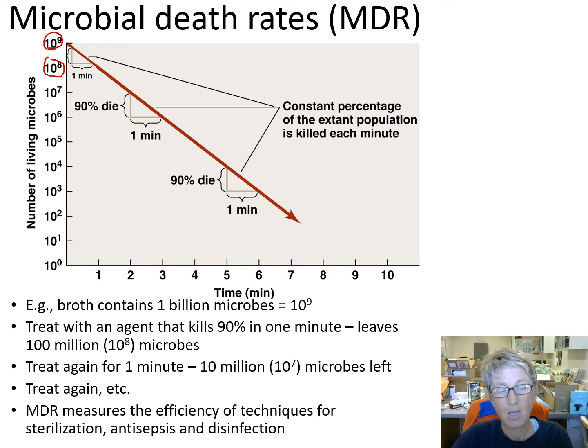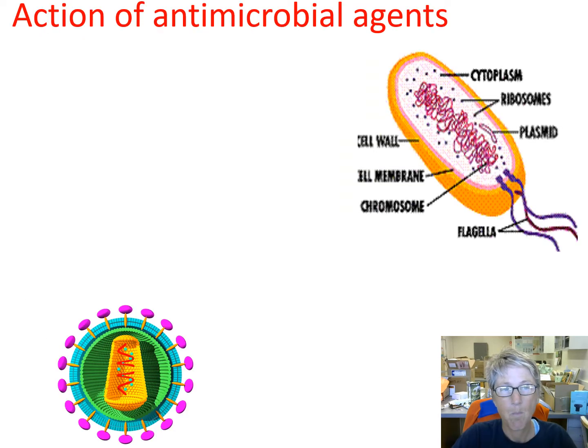And then you treat again for 1 minute. You'll go from 10 to the 8th to 10 to the 7th microbes left. 90% of the microbes will die each minute. So then you just treat again and again and again until all the microbes are dead.